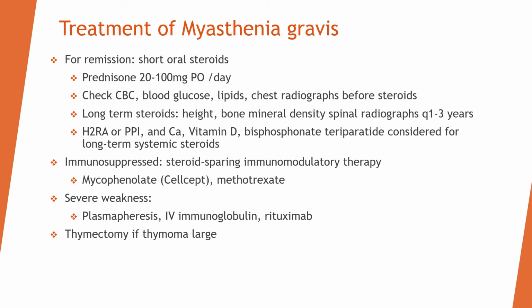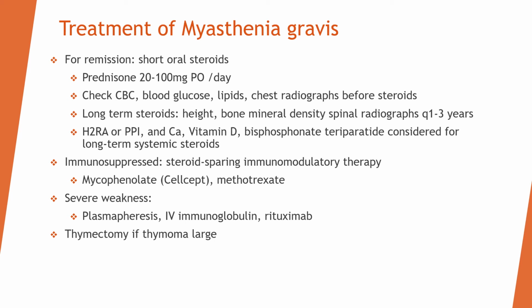Long-term steroids should have regular checkups with height, bone mineral density to take actions if there's an appearance of osteoporosis beginning. So every 1 to 3 years, the patient should attain that.